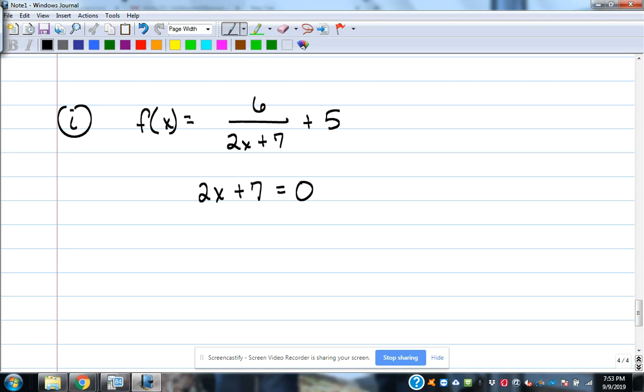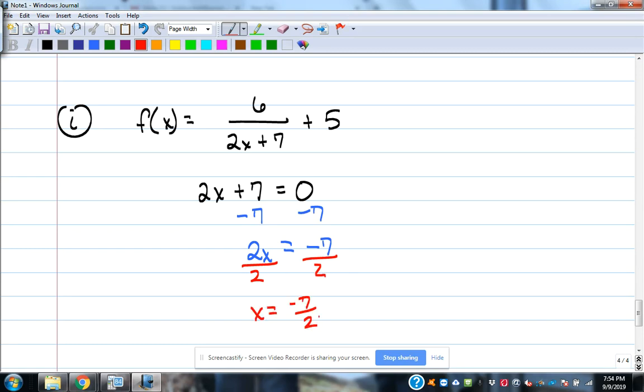We set that equation up and solve it. First step. Minus 7. 2x equals negative 7. Divide by 2. Get a fraction, negative 7 over 2.